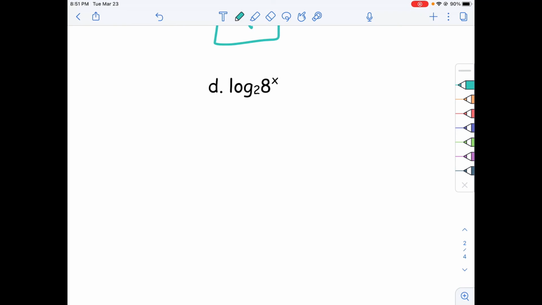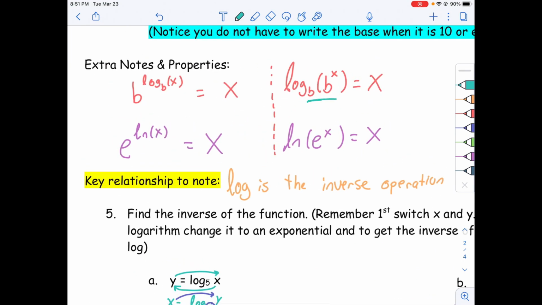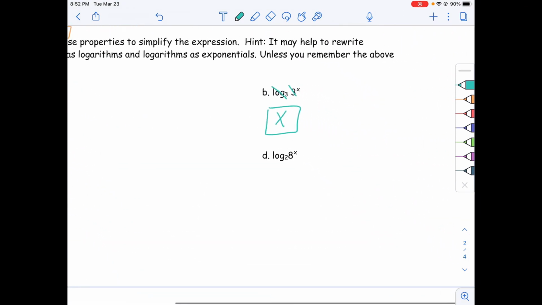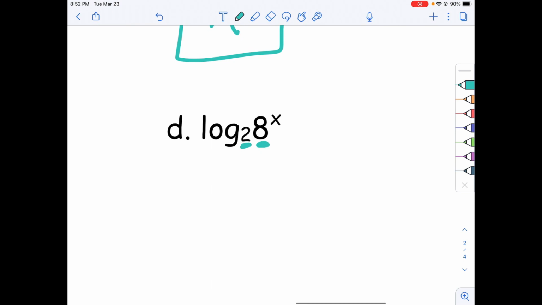For letter D, this is where they get a little tricky, right? This number is not the same as the base here. In order to cancel, they have to be the same number. So then let's go through this, right? We can make 8 become a 2. Let's think about it. So we have the log base 2 of 2, and then what makes 8? 2, 4, 8.